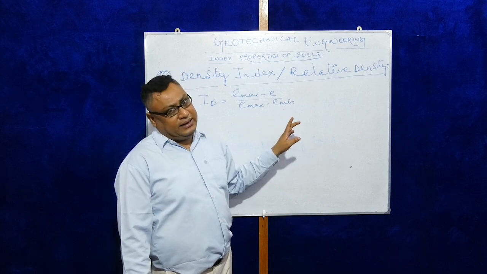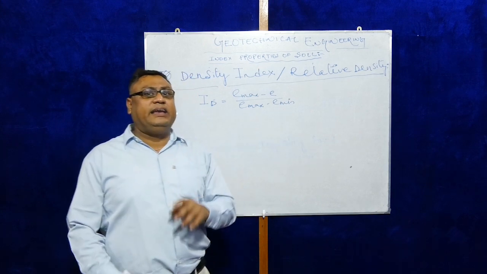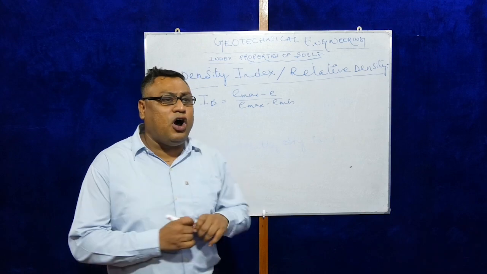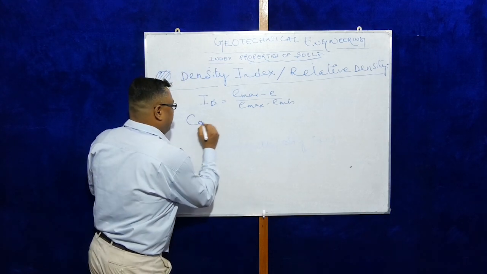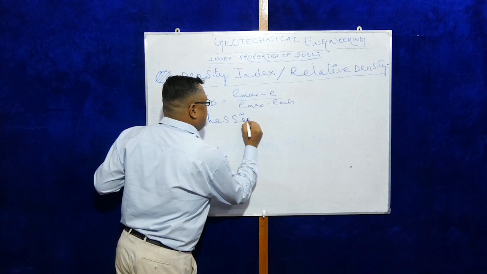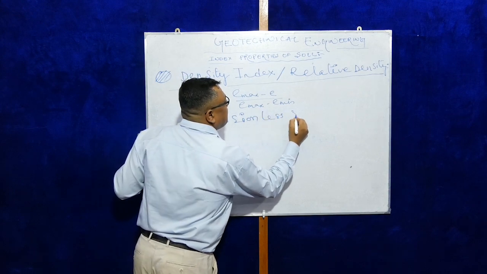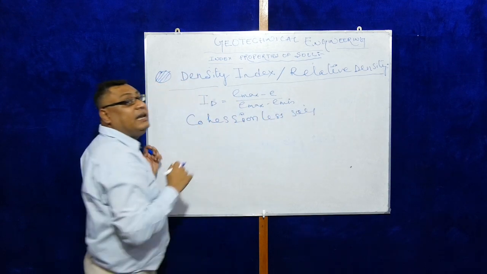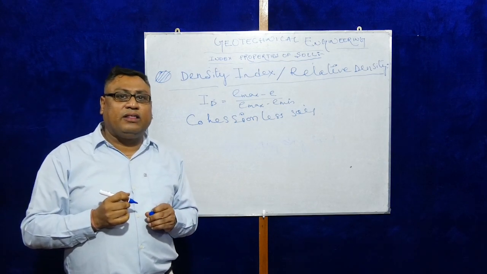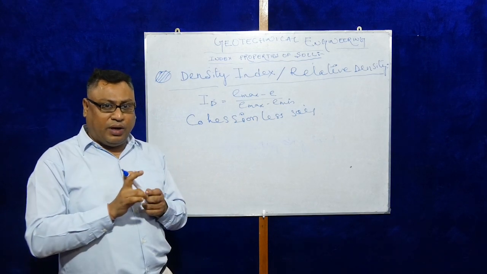That is density index of soil. Density index is used only for cohesionless soil.